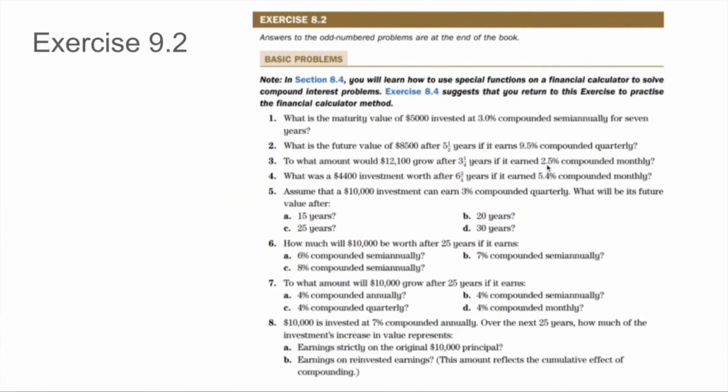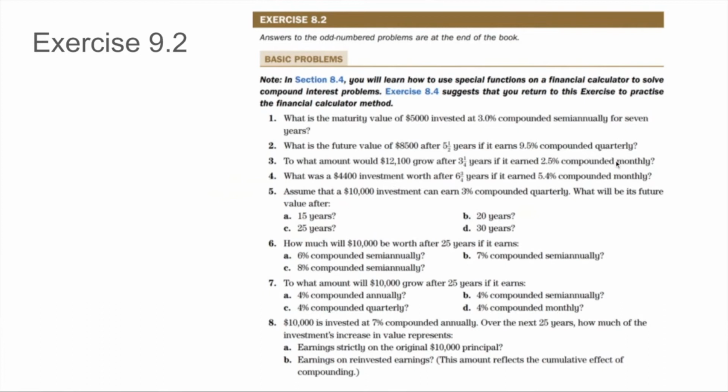If it earned 2.5% compounded monthly, compounded monthly means 12 times a year, so we've got to take that 2.5% and divide it by 12 in order to get the periodic rate. And it's compounded monthly, 12 times a year for 3.25 years.